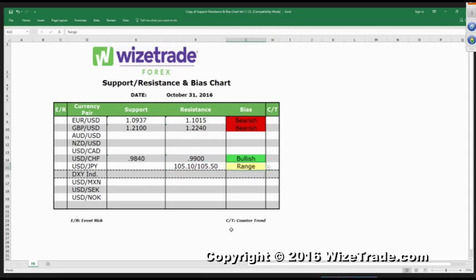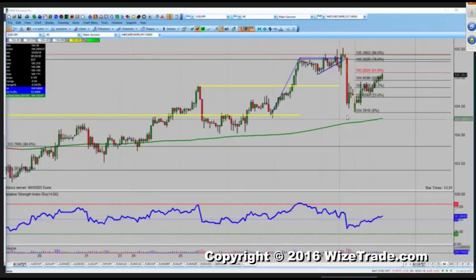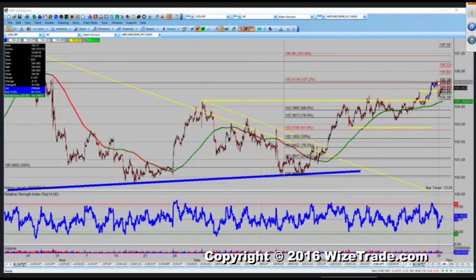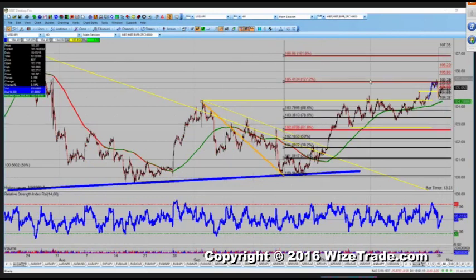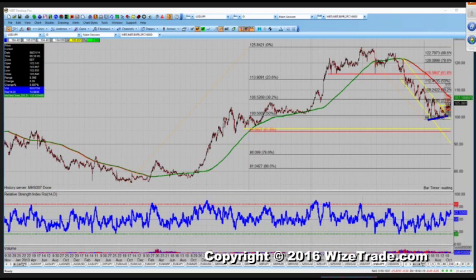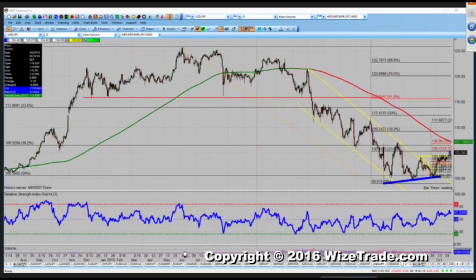Okay, we're in a range. When or if the dollar yen can get above this 105.50, which, as you guys know, is the 127% extension of this move, it's also the 24% retracement of the high to low.